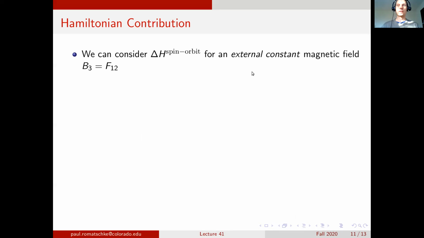We can then consider the situation where we evaluate this contribution in a constant external magnetic field. So basically I take Fij to have only one non-vanishing component, let it be the component 1, 2. And I want this component to be constant, equal to a constant magnetic field in the 3 direction. So I call this B3.